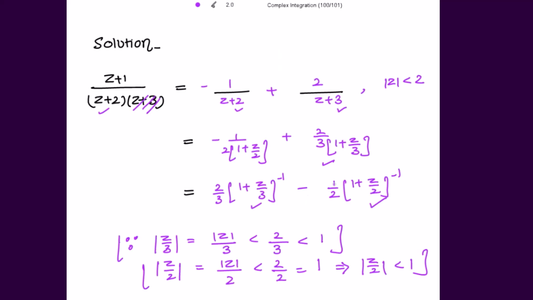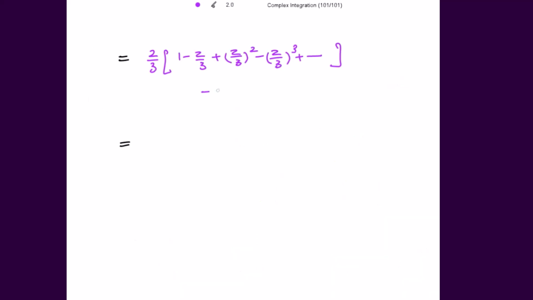And second, minus 1 over 2 into (1 minus z over 2 plus z over 2 square minus z over 2 cube, so on).